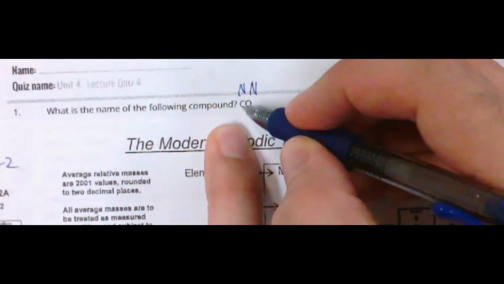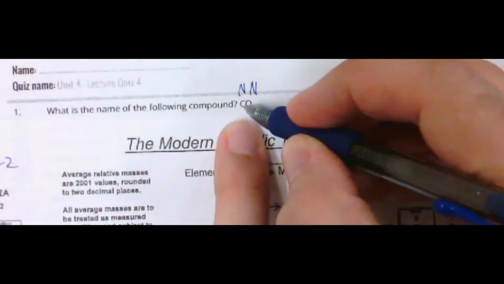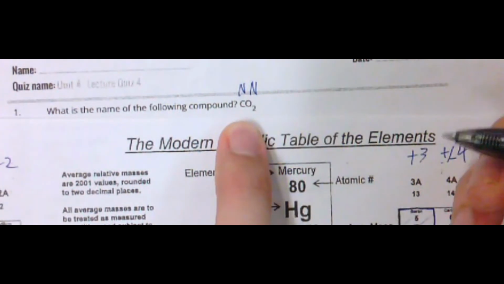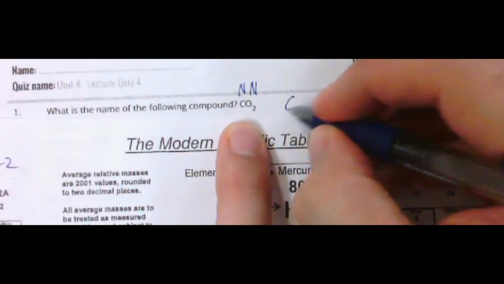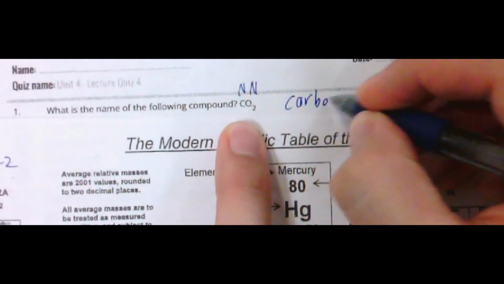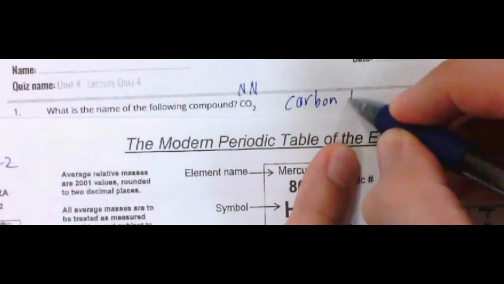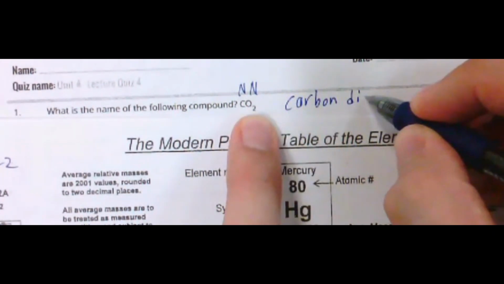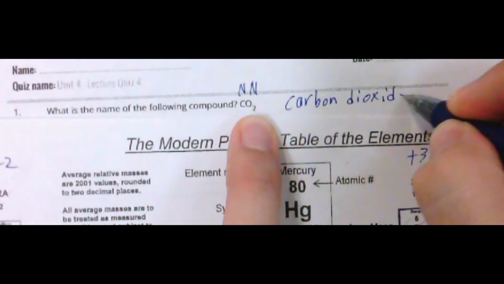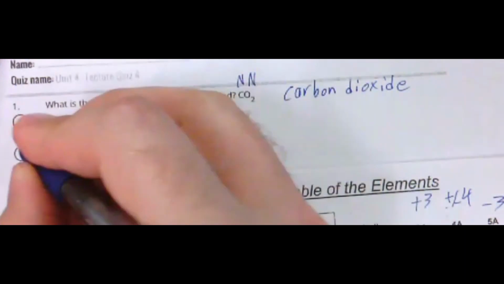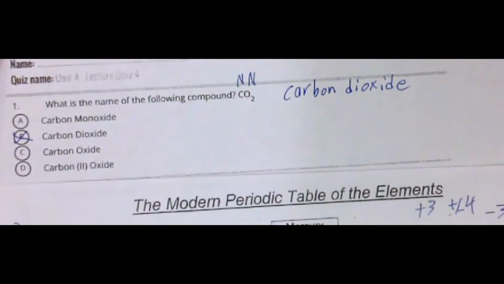Does the first one get a prefix? No. It does if it is more than 1, but since there's only 1, you just say its name, which is carbon. The next one, if there are 2 oxygens, what's the prefix? Di. And then you finish with the regular ending, oxide. So which one was that? B.